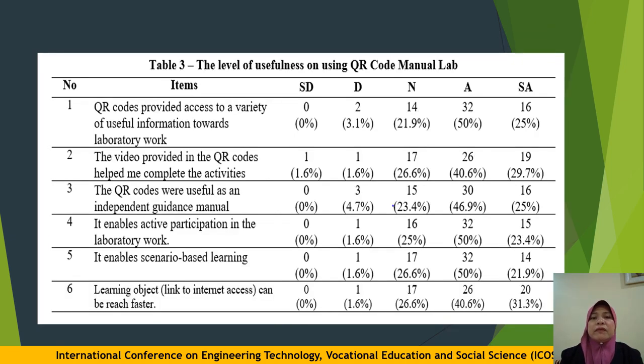What about the level of usefulness? Also, we have 6 items. We can see on the table there, most of them also give good feedback, agree and strongly agree for all the items.